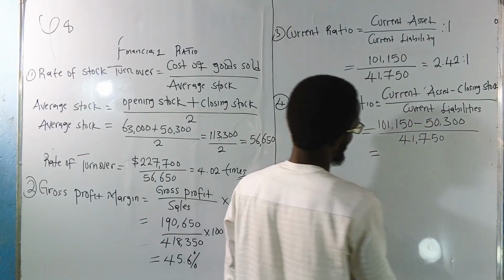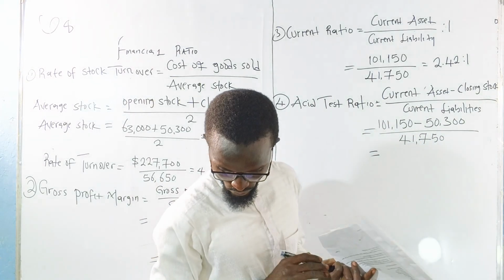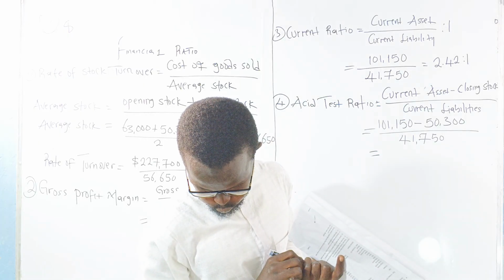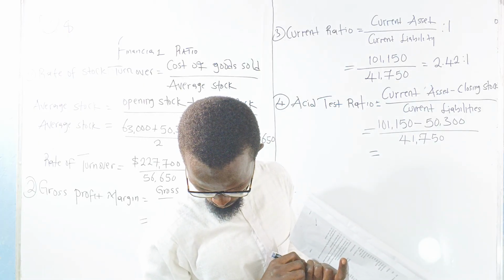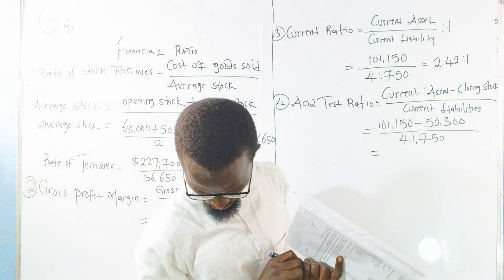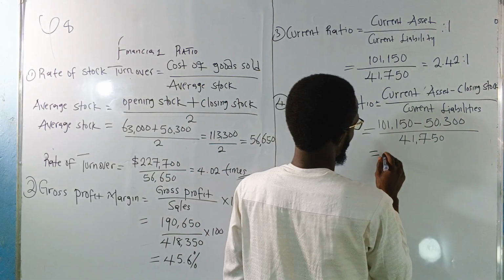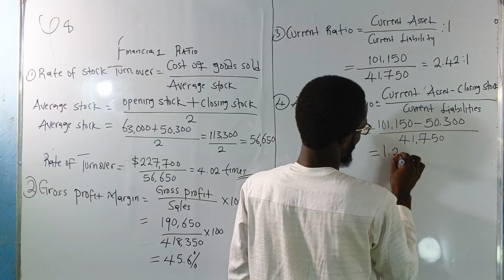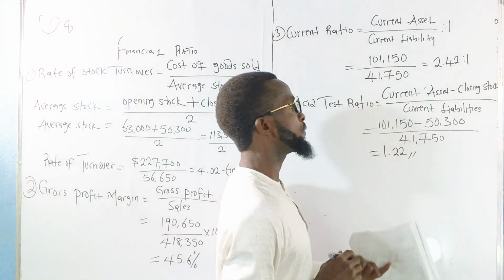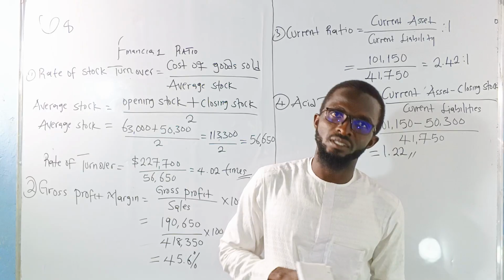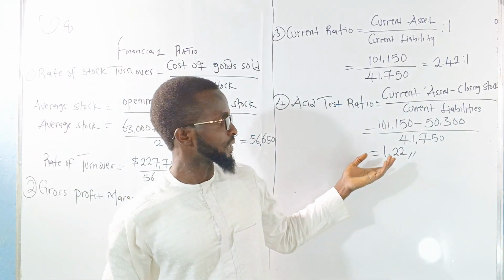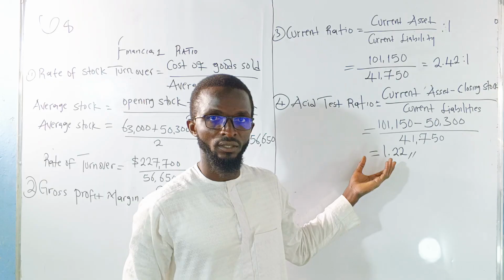Our answer will be 1.22. This tells you that even without selling inventory, the business can pay its debt.